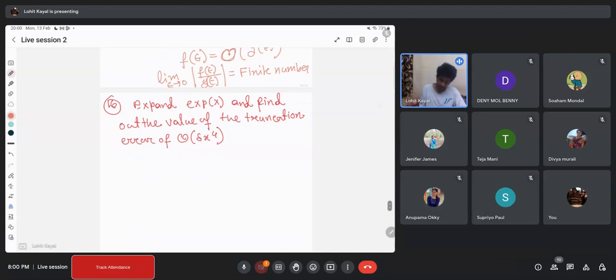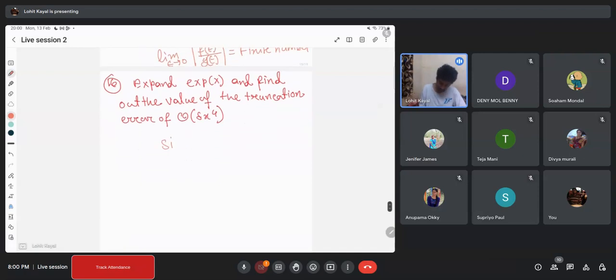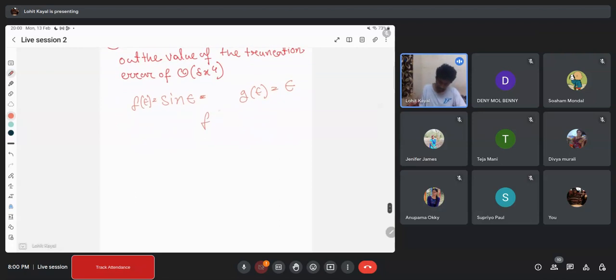Let me tell you an example of it. Suppose f of epsilon is equal to sine of epsilon, and g of epsilon is equal to epsilon. Now the question is, is f epsilon of order g epsilon when epsilon tends to 0? Let's check.